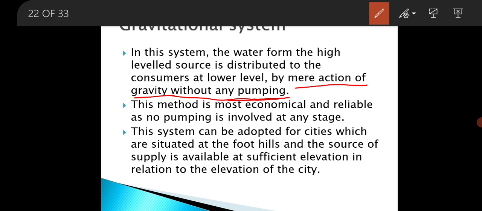So this method is most economical and reliable as no pumping is involved at any stage. Therefore, this method is suitable for cities which are situated at the foothills and the source of supply is available at sufficient elevation in relation to the elevation of the city.